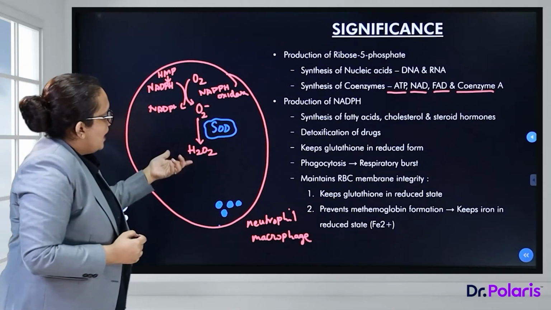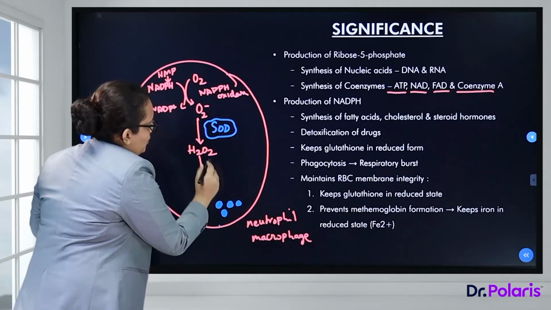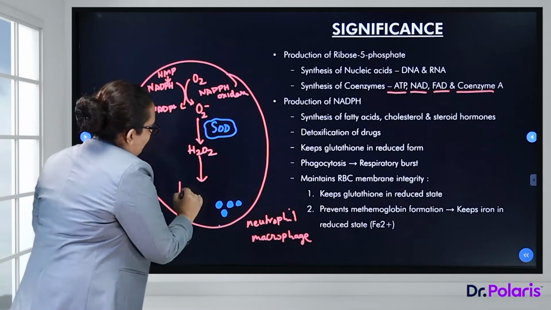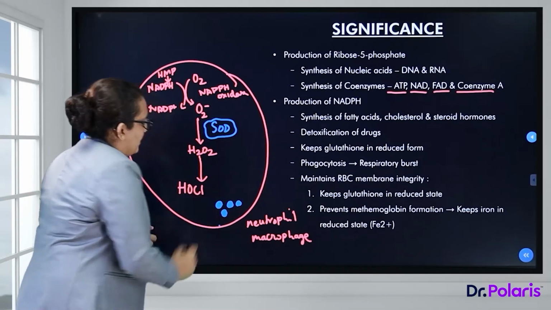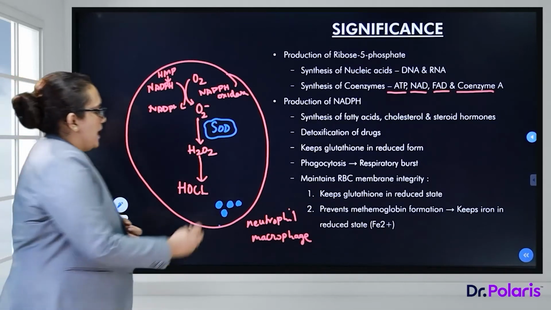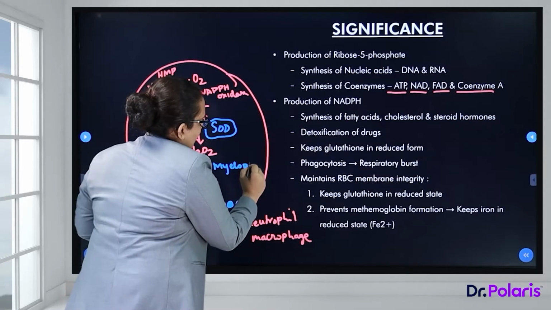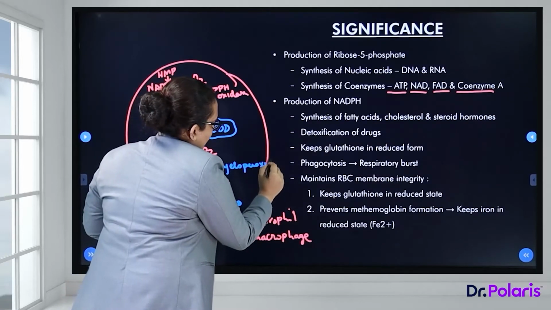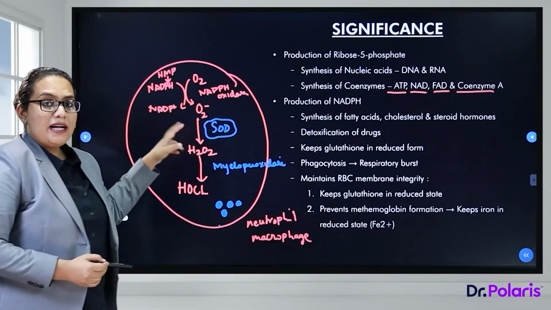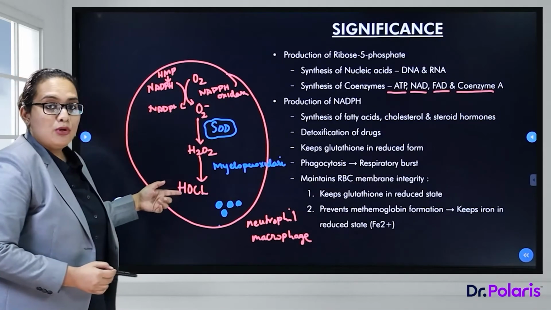Then hydrogen peroxide is further converted to another free radical, hypochlorous acid, and the enzyme required for this is myeloperoxidase. Now you can see there are three free radicals formed: superoxide, hydrogen peroxide, and hypochlorous acid.